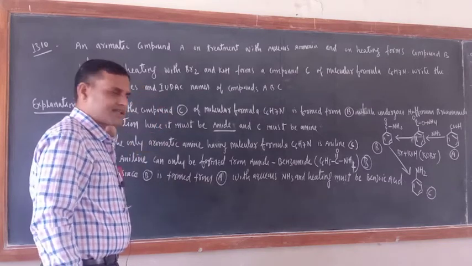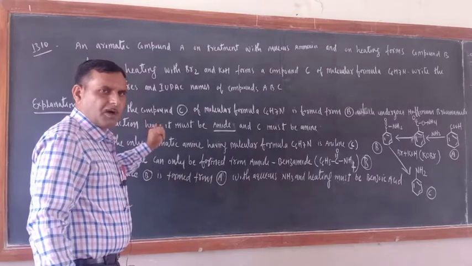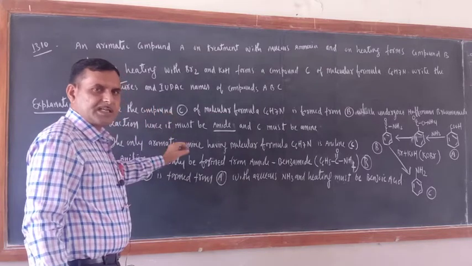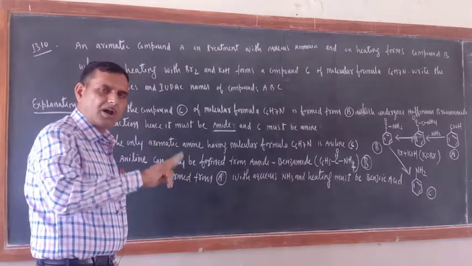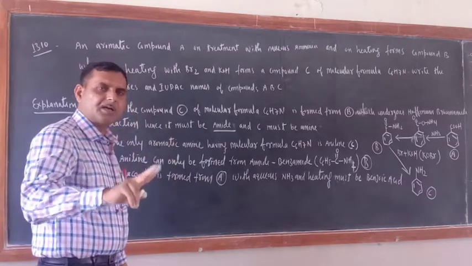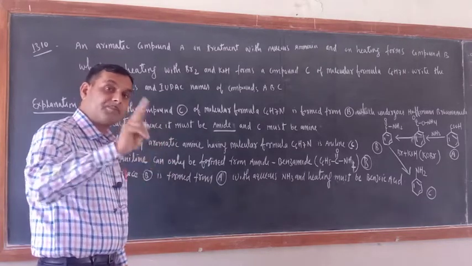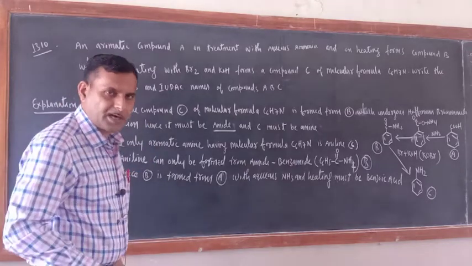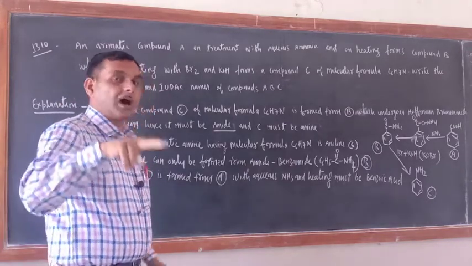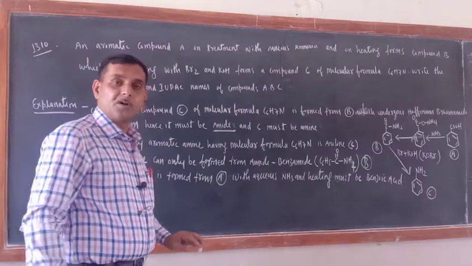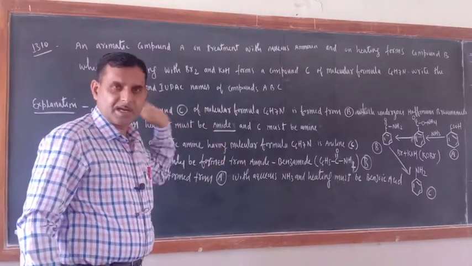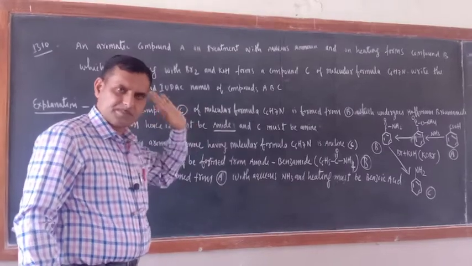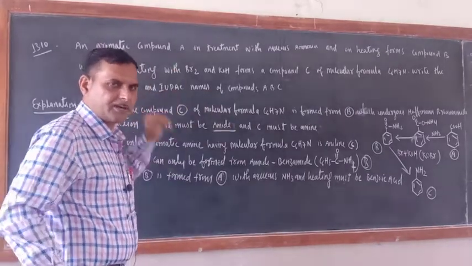The molecular formula of compound C is C6H7N, and it is forming from compound B, and B is undergoing Hofmann bromamide reaction. It means only an amide can undergo Hofmann bromamide reaction, so B must be an amide. One thing you have identified.